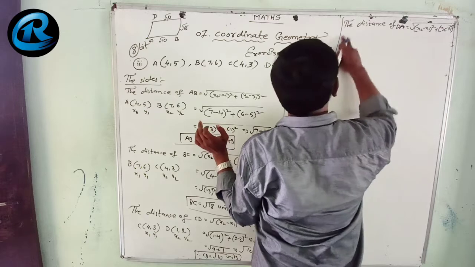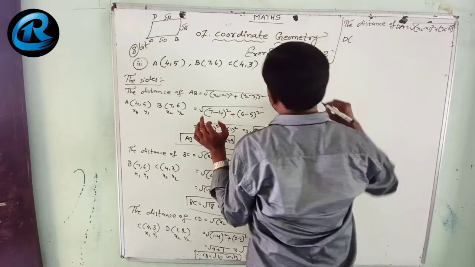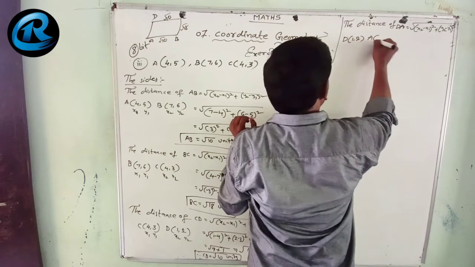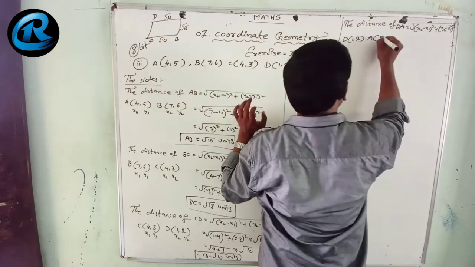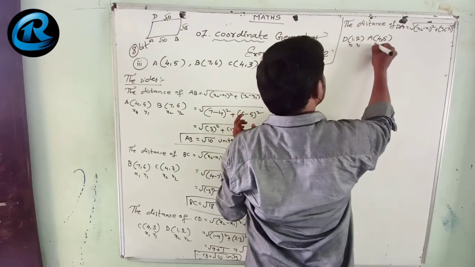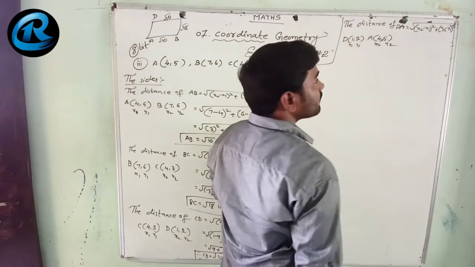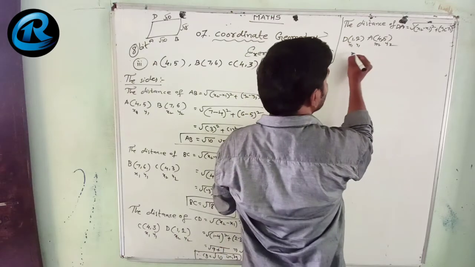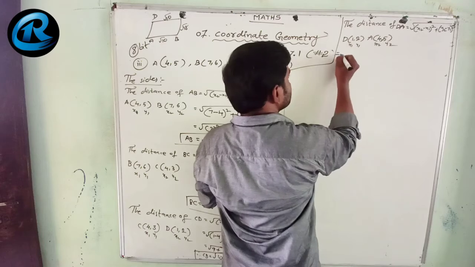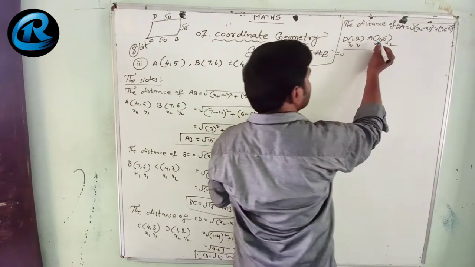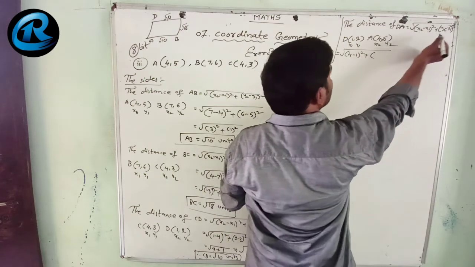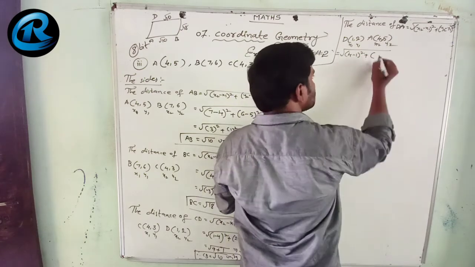DA or AD, write whichever you like. As we wrote DA, take point D first, 1 comma 2, and point A next, 4 comma 5. x1 y1 x2 y2. Let us substitute in this formula now. Under root of x2 minus x1, 4 minus 1 whole square, plus y2 minus y1, 5 minus 2 whole square.